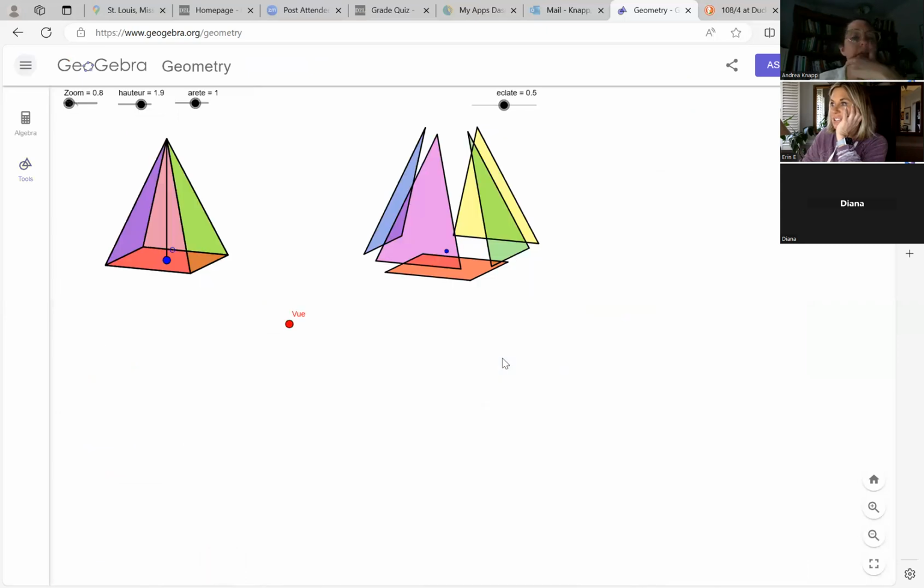Here's one that shows a pyramid exploded, showing all of the surfaces where you're finding a surface area. So I know that it's only a square base, but this can help us see that slant height that we were looking for.